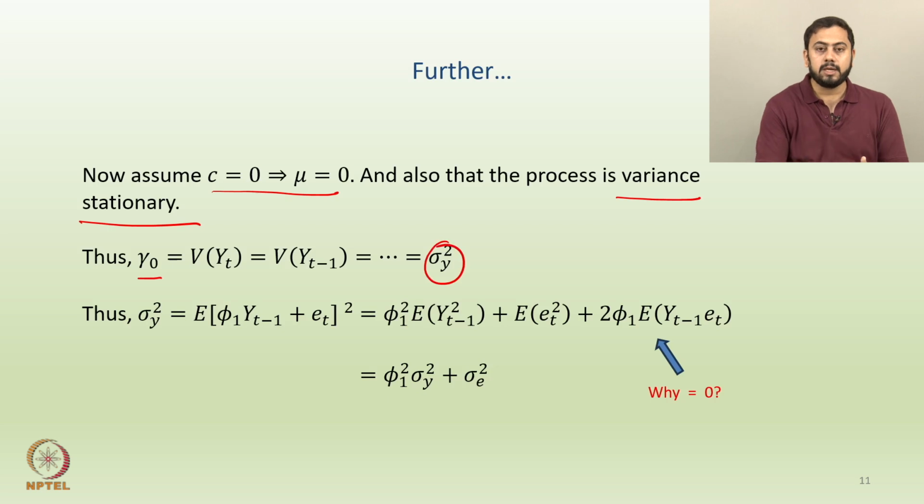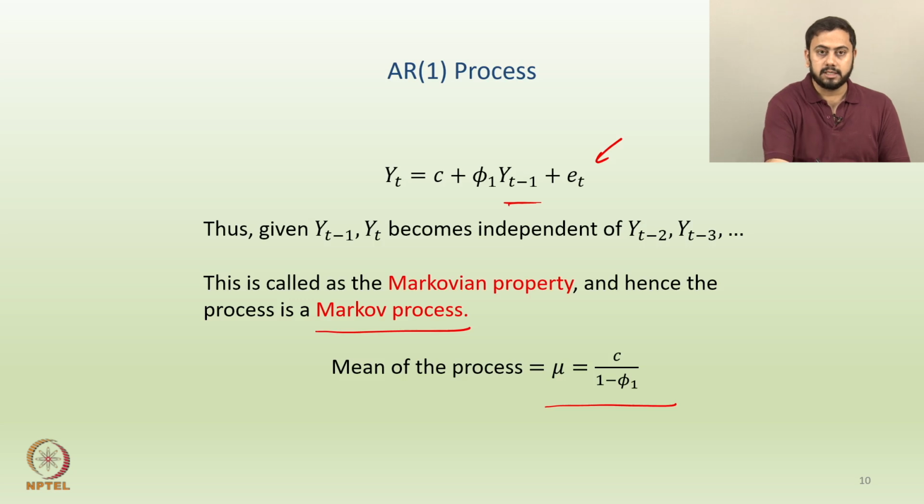Now obviously sigma square y does not depend on t, so variance in fact does not depend on t, and all the variances at any lags are equal. Okay. So if you now combine these two assumptions, that the overall mean is 0 and all the variances are equal to sigma square y, can you essentially find out the variance of the AR1 process? Okay. Now again going back, this is the AR1 process structure which is given here, right.